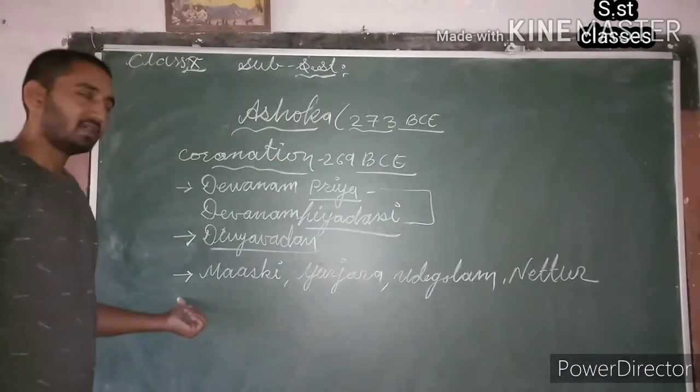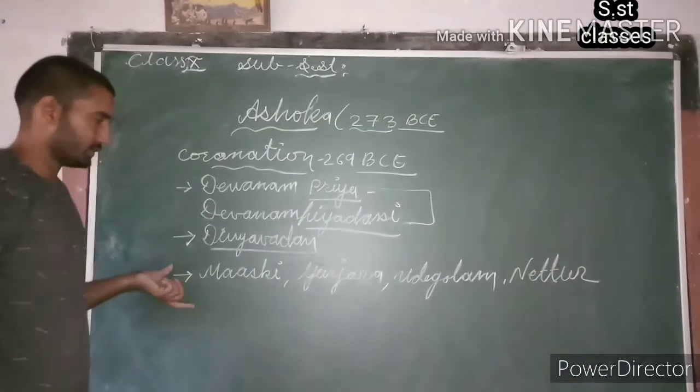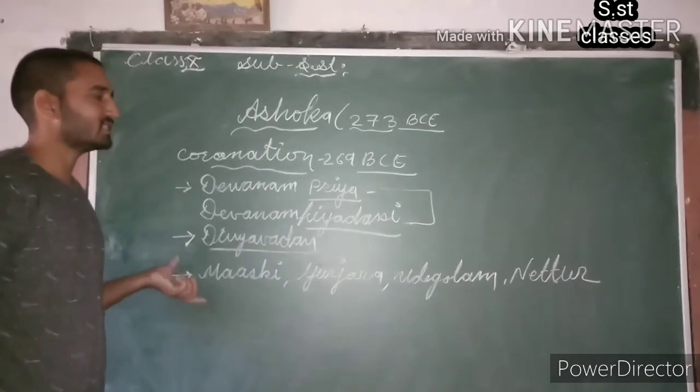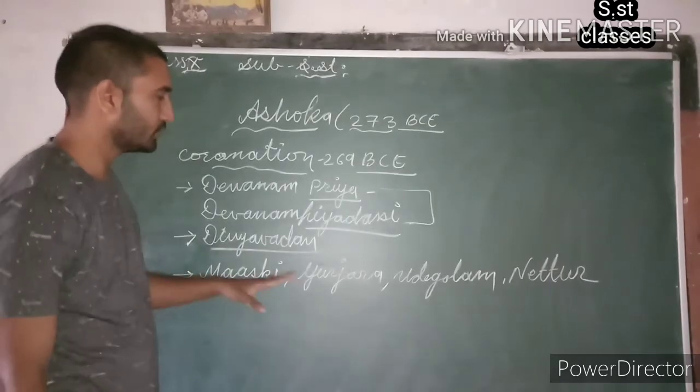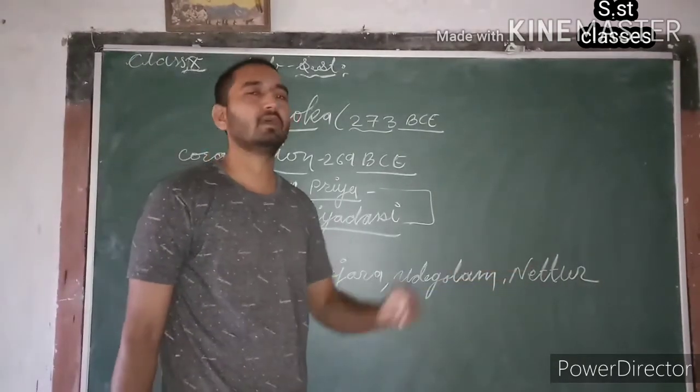So only four rock edicts are there which named Ashoka as Ashoka: Maski, Gujjarla, Udegolam and Netu.